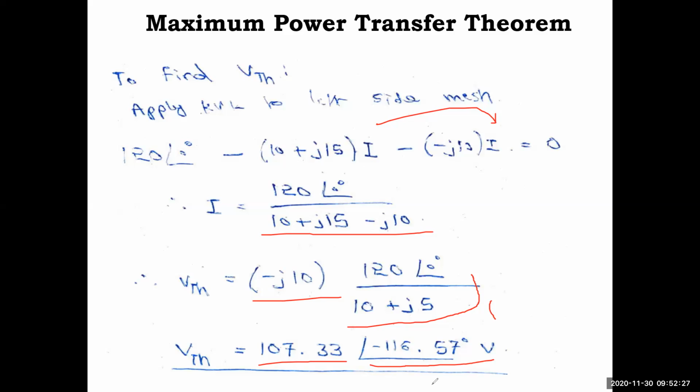It will come minus 48 minus 96i. Then if you click shift r at an angle theta, you'll get 107.33 at an angle minus 116.565 something.